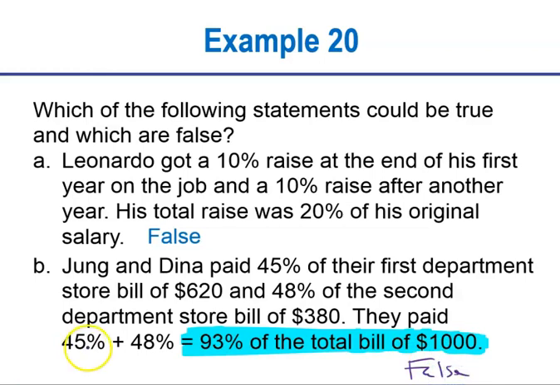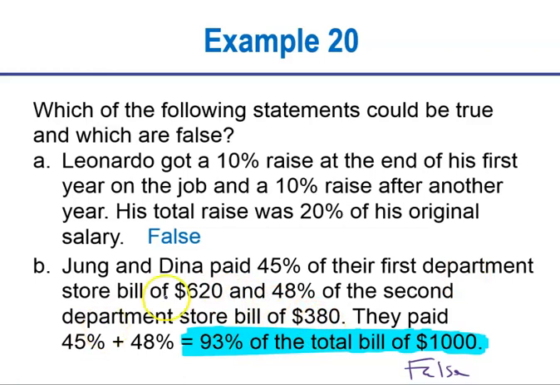Well, 45% of 620, yeah. And then 48% of 380, you're talking about different amounts. Now, if these were both based on the same amount, if it was 45% of 1,000 and 48% of 1,000, then you could add those together to get 93% of 1,000. But since these amounts are different, then it's different. Now, I think it's worth the time to calculate this.